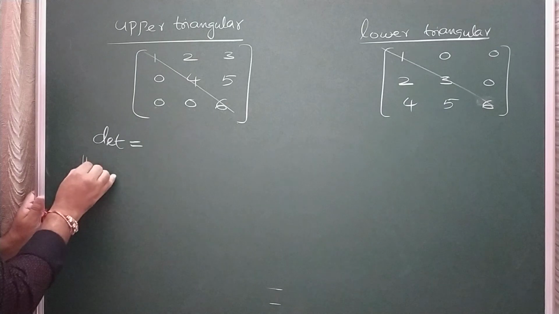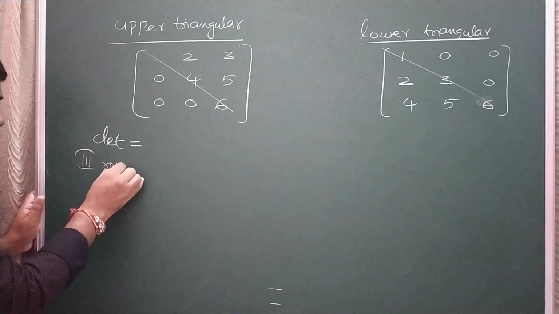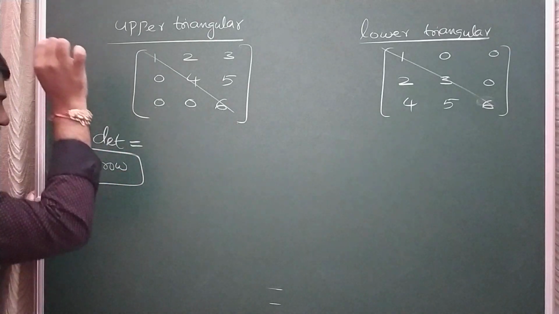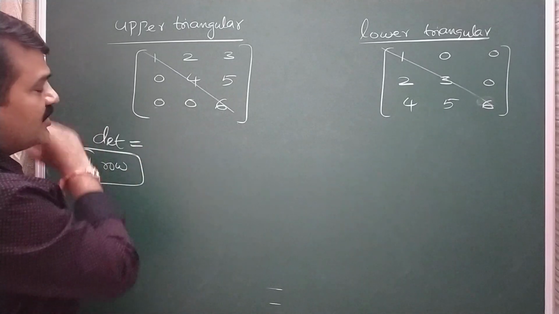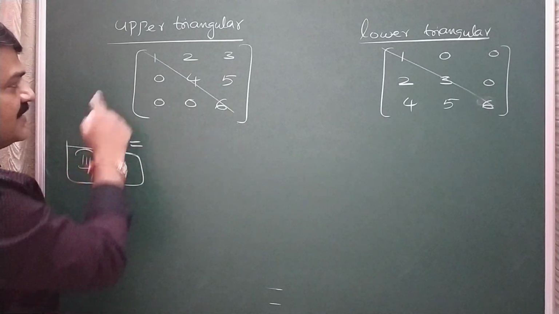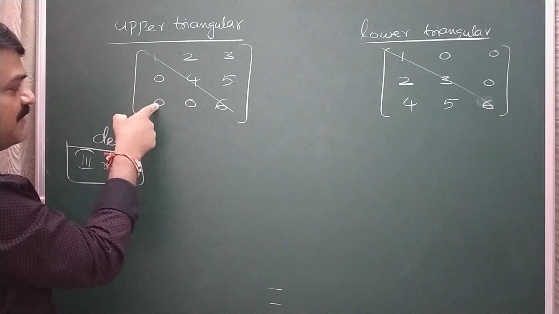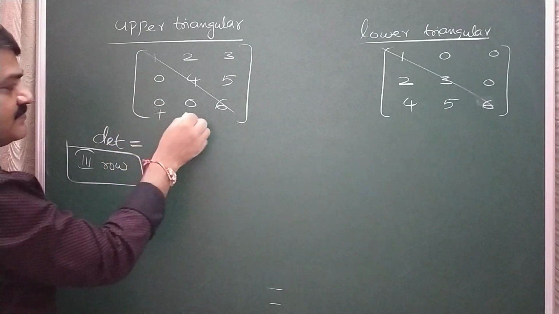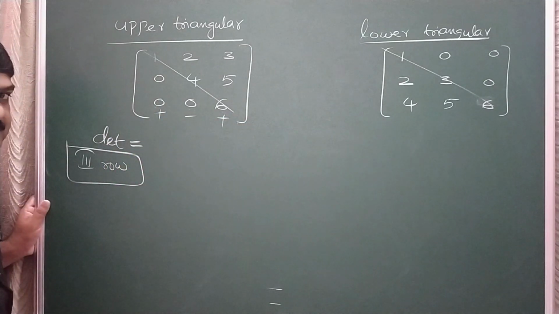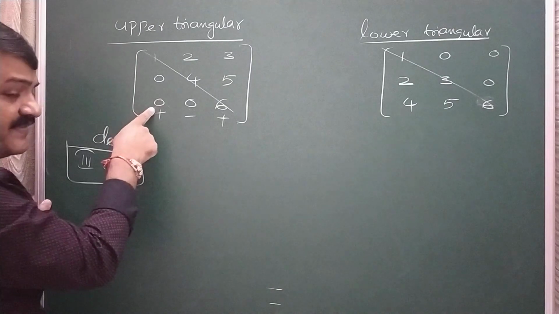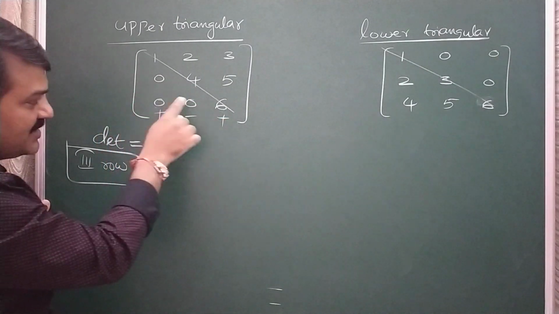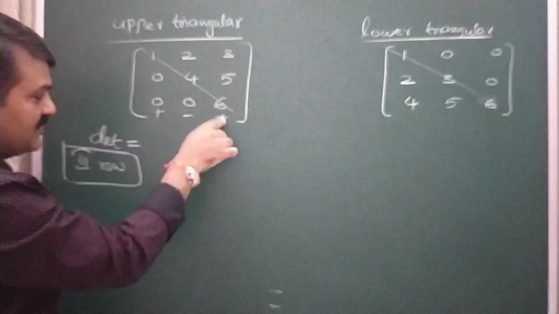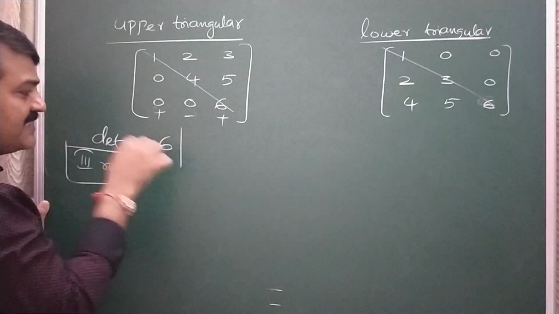So I am choosing the third row for finding the determinant. Third row signs: plus, minus, plus. I will start from here. These are the signs. So 0 into its cofactor, not required. Next also 0, not required.